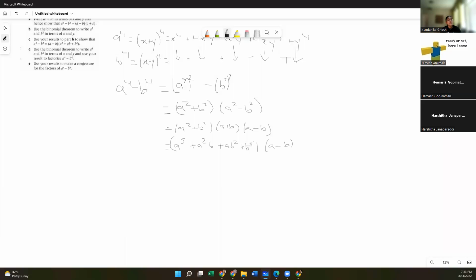Here I did a squared squared minus b squared squared. So I can consider a squared to be a and b squared to be b. So I have a plus b into a minus b. Now this is actually another difference of squares. So I just did a plus b and a minus b over here, and then I distributed and there's that. You get it?